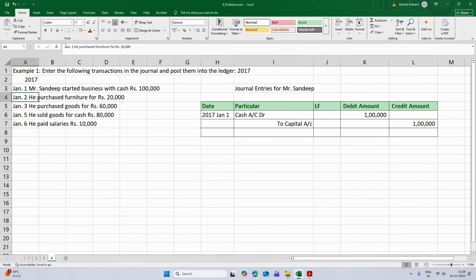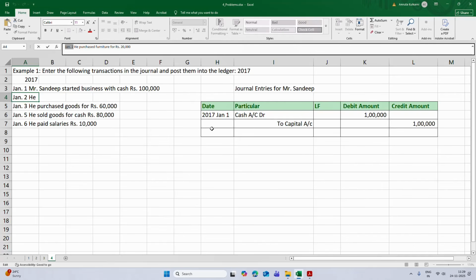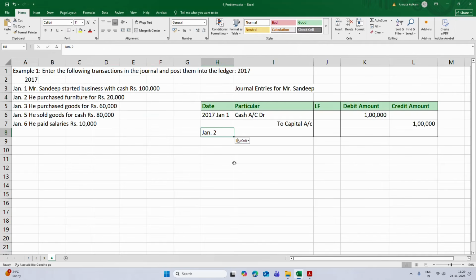Now on January 2, for the second transaction, he purchased furniture for rupees 20,000. So furniture account will be debited for 20,000 and this amount he has paid from cash, so cash account is credited for 20,000.